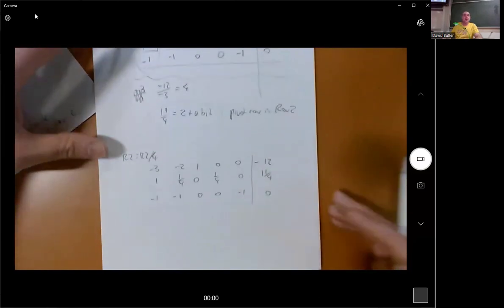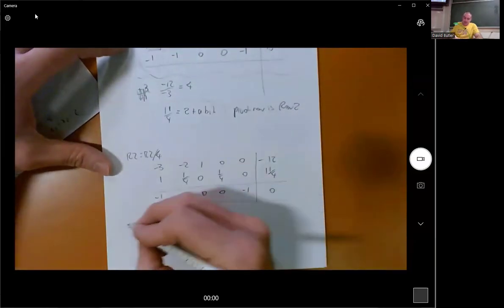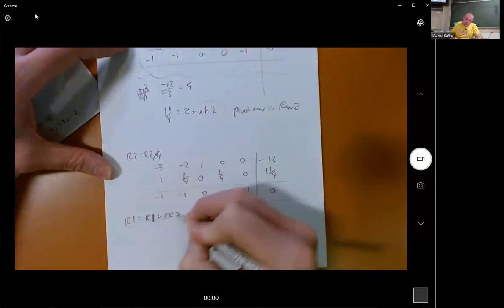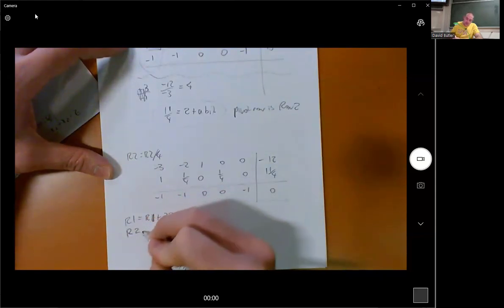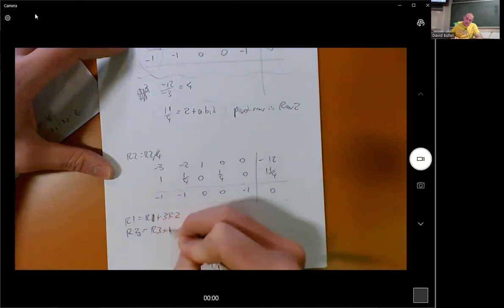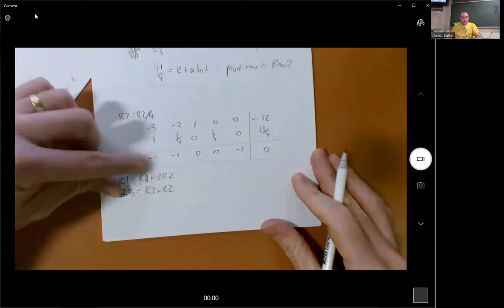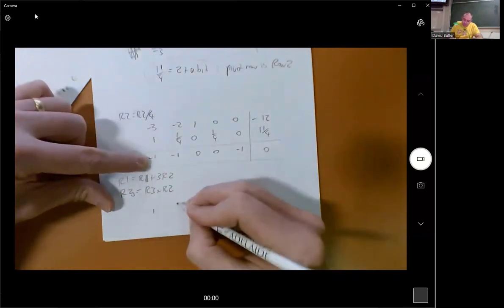Okay, so clever. And then we're going to go row 1 is row 1 plus 3 of row 2. And row 3 is row 3 plus row 2. So we didn't change the middle row.